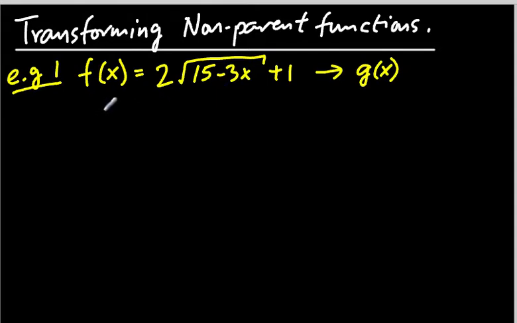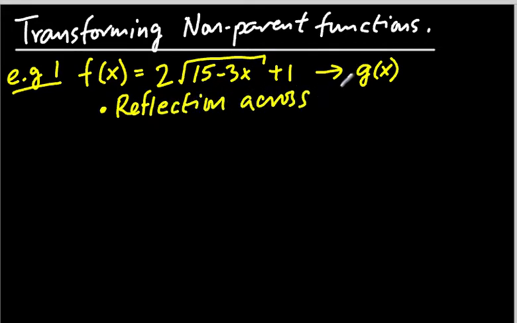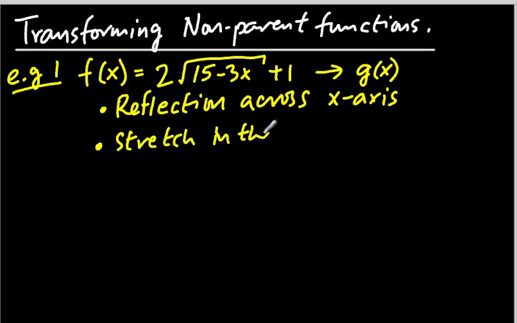So the transformations are, it's going to be a reflection across the x-axis, and then I'm going to say it's a stretch in the y direction by a factor of 2.